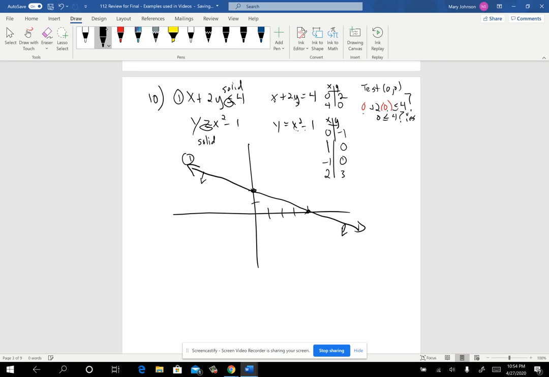Plug in a -2, 4 minus 1. Okay, you could get a few points there. So basically, it's going to be a parabola opening up, crossing here and here, and then 2, 3, and -2, 3. It has some nice symmetry, and it's going to be solid, making a nice U.